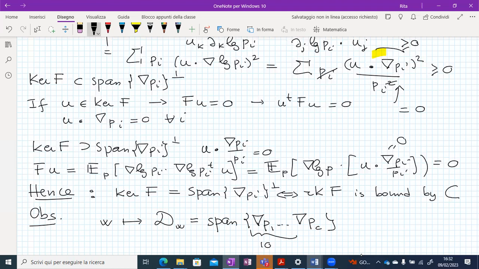Our only hope is that F restricted to this tangent space, this W, is non-degenerate. The problem is that you wish there is some submanifold on which this is the tangent space.